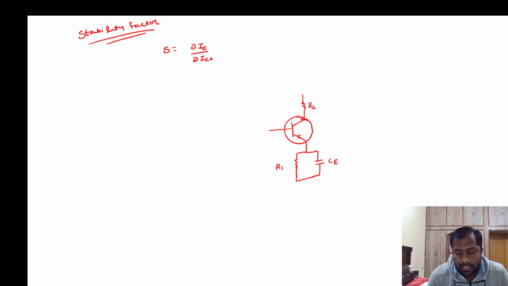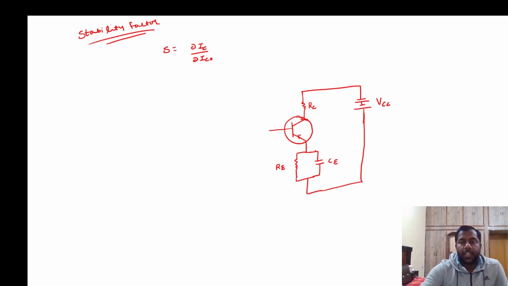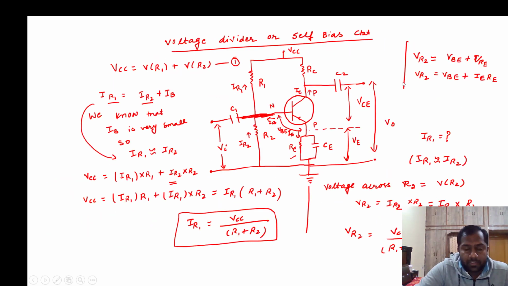And we will just modify this diagram, and we have connected this RC with the VCC supply with its negative terminal. So this is the VCC component.